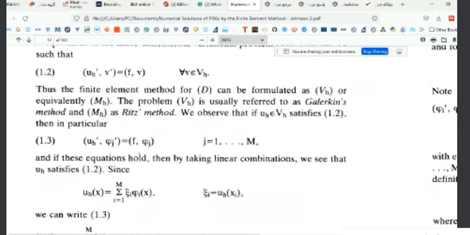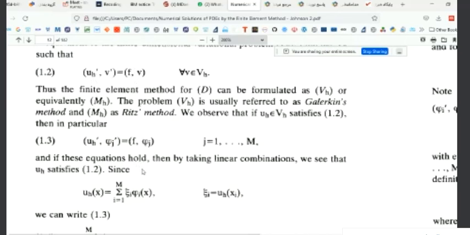We can easily observe that if uh belongs to Vh and satisfies the previous equation, in particular we get the same equation as the result, because both sides are equal to each other.